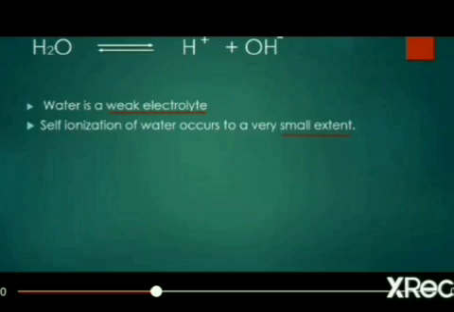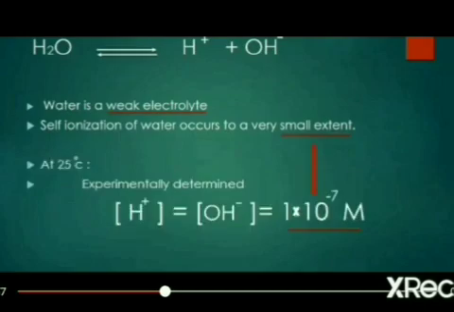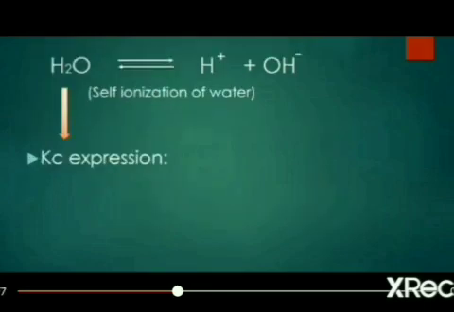Although water is a weak electrolyte, self-ionization occurs to a very small extent, that is 1 into 10 raised to power minus 7 M at 25 degrees. Now we are going to write the Kc expression for water.